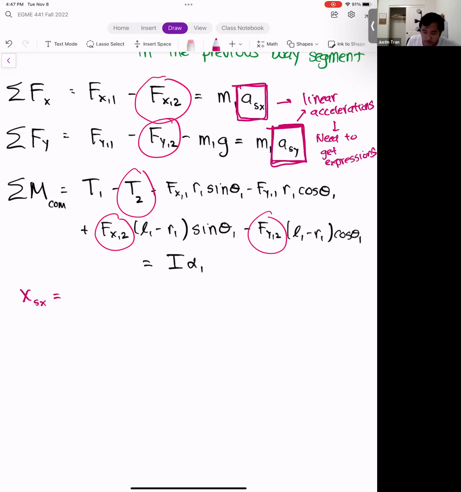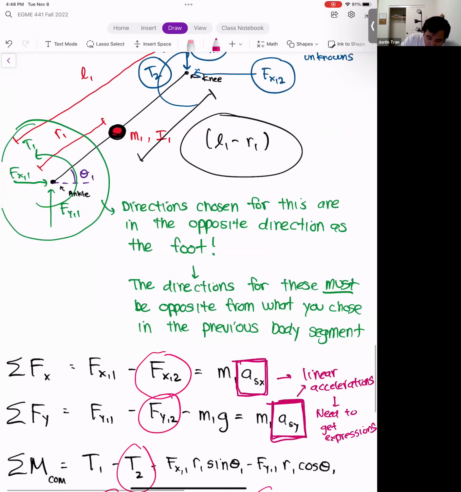Let's do the x direction first, and then we're going to do the same thing for the y. For the x direction, we're going to measure this relative to the ankle, so our ankle here is kind of like our origin.